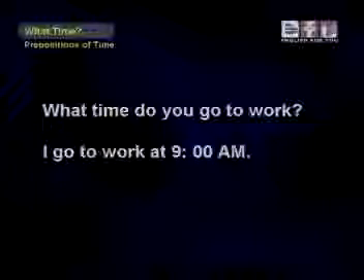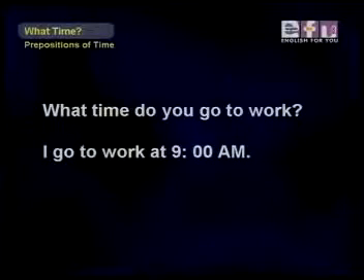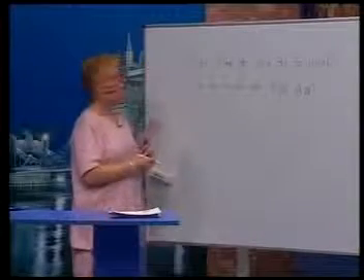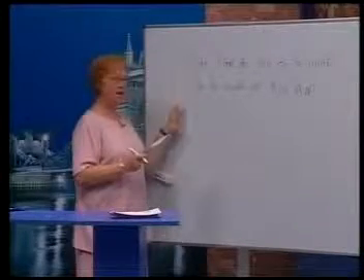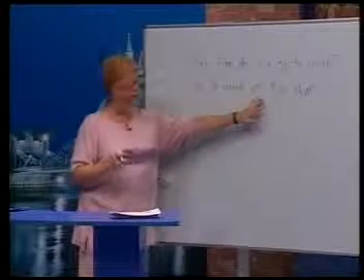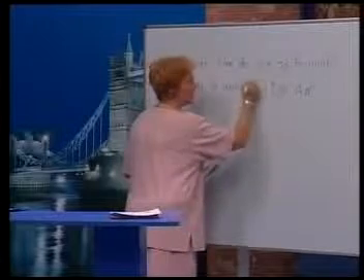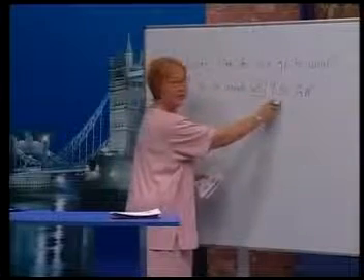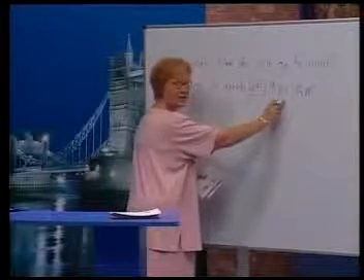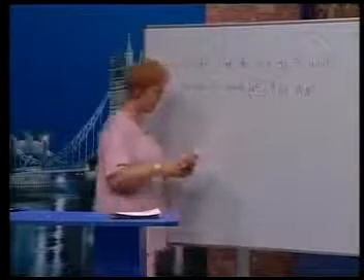For example, I go to work at 9 a.m. What time do you go to work? I go to work at 9 a.m. So notice that we use at for the time. At plus time. Okay, this is very important.